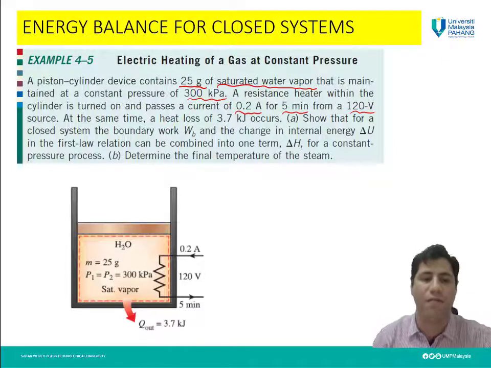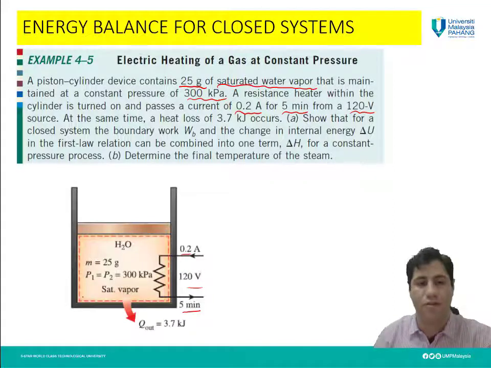So we have a wire, or a heater actually, which goes inside the piston cylinder device, and also we have the current, voltage, and the duration for this current which goes through this wire to the system. In other words, we have W_e, the electrical work to the system.